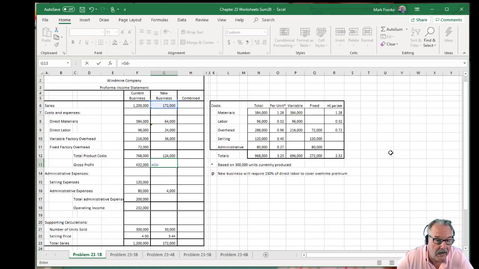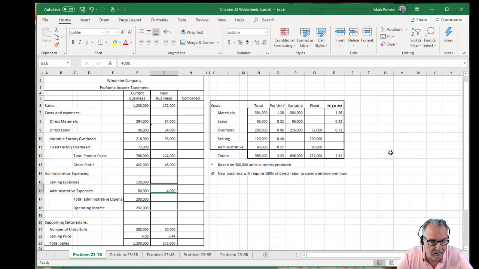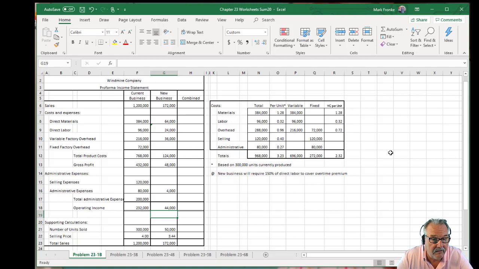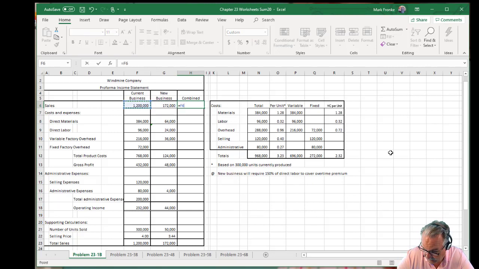So our total product cost for this new piece of business is just the variable cost. When I subtract the variable cost from sales, I get $48,000 in gross profit. That's also our contribution margin, but we're not doing a contribution margin income statement here. Then if I subtract the $4,000 fixed cost from our gross profit, this new piece of business is going to generate $44,000 worth of additional profit.